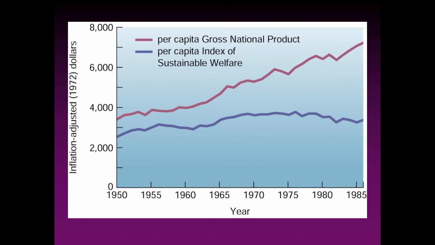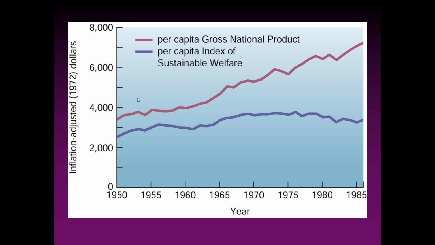Looking at adjusted inflation, so looking at gross national product in red and per capita index of sustainable welfare, years are on the x-axis increasing, and on the y-axis you have inflation adjusted dollars to 1972, increasing as the axis increases.